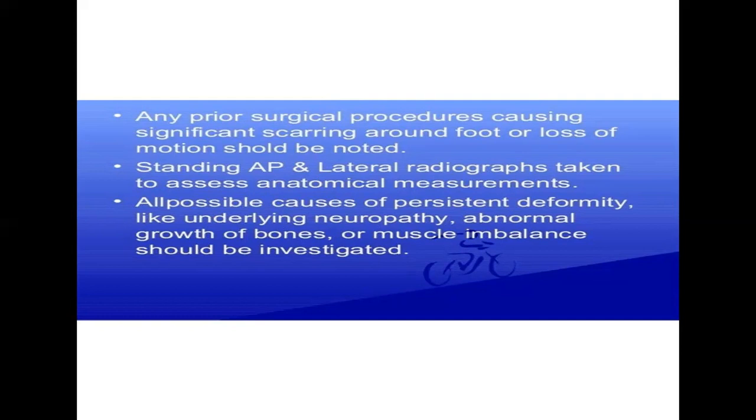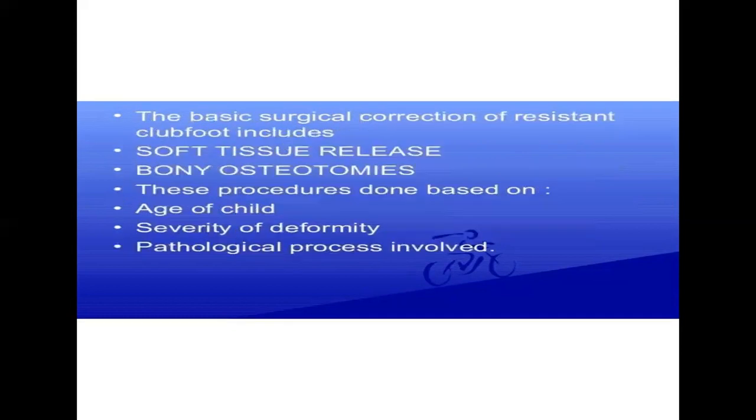All possible causes of persistent deformity, like underlying neuropathy, abnormal growth of bones, or muscle imbalance, should be investigated. The basic surgical correction of resistant clubfoot includes soft tissue release and bone osteotomies.